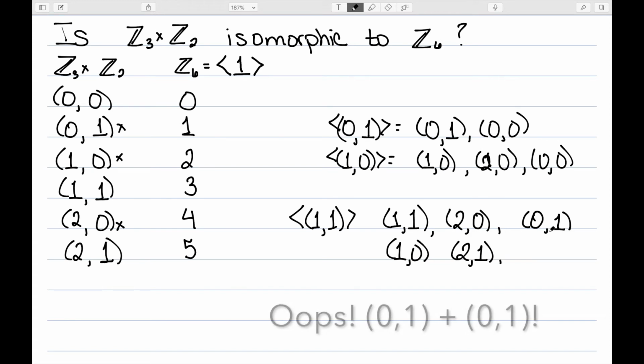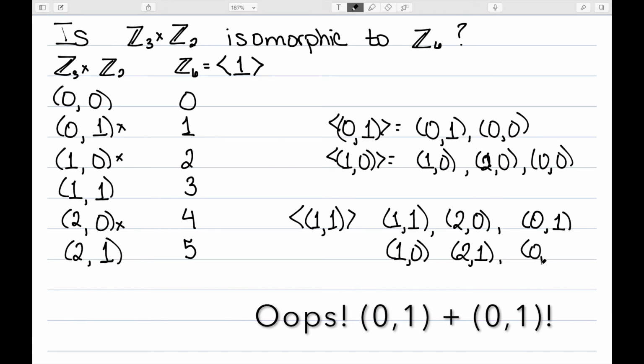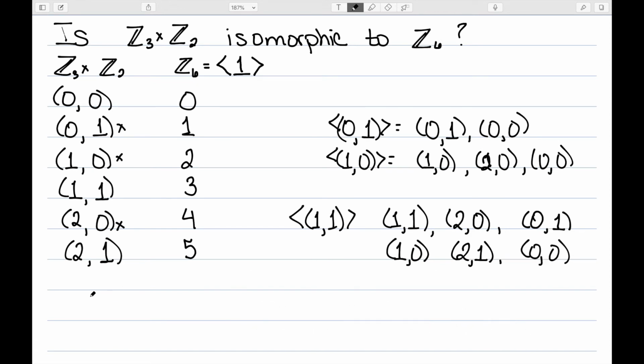And finally, 1,0 plus 1,0 would be 0,0. So yes, this is cyclic. This is my generator. So now we have an idea that this might be isomorphic.